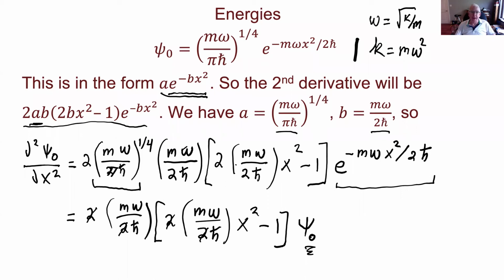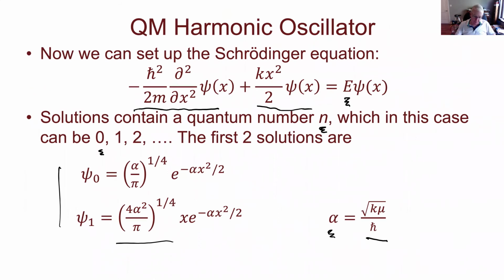Now I'm going to take that and flip back for a second to remind us that it corresponds to this. So that piece is going to get multiplied by minus h bar squared over 2m. Then I'm also going to have to do the 1/2 k x squared times psi to get my whole Hamiltonian in there, my whole Schrödinger equation.